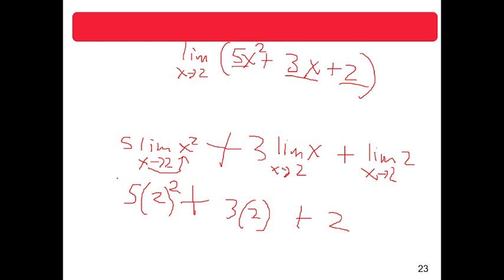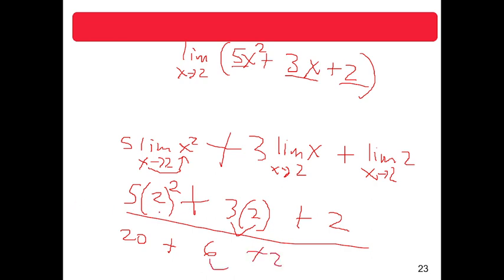So we know that 2 squared is 4. So 5 times 4, the answer is simply 20. Plus 3 times 2, the answer is 6. Plus 2.